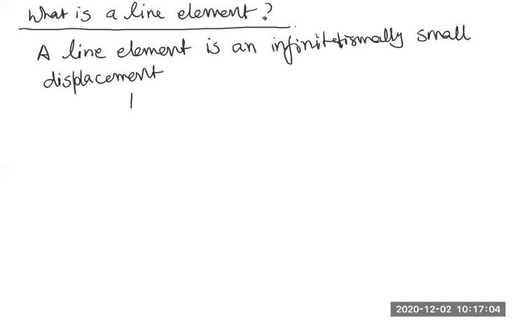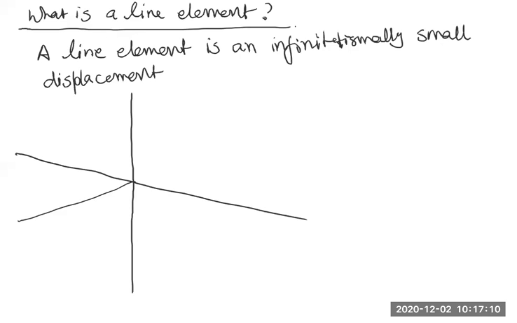So basically, you have the x, y, and z axis, and you are standing at a point. So you decide to move along the x-axis by a very small amount. मैं थोड़ा लंबा बना रहा हूँ for visualization purposes. And then you decide to move along the y-axis by a very small amount. And then along the z-axis by a very small amount.